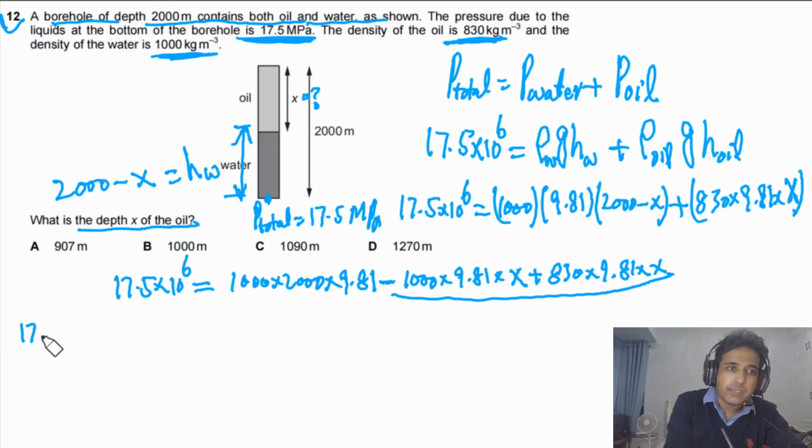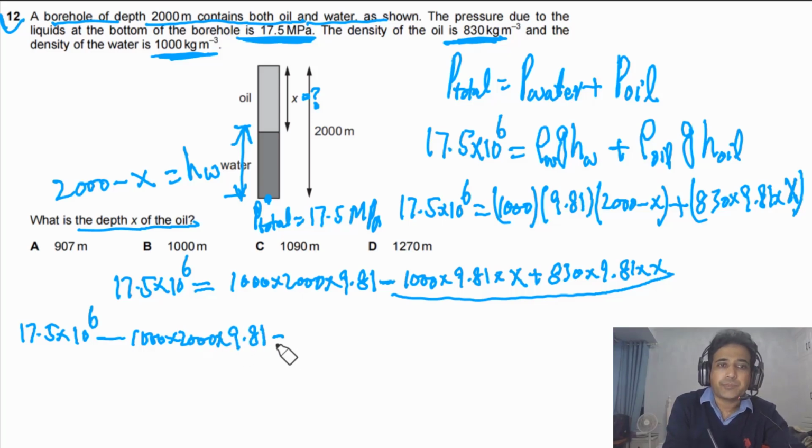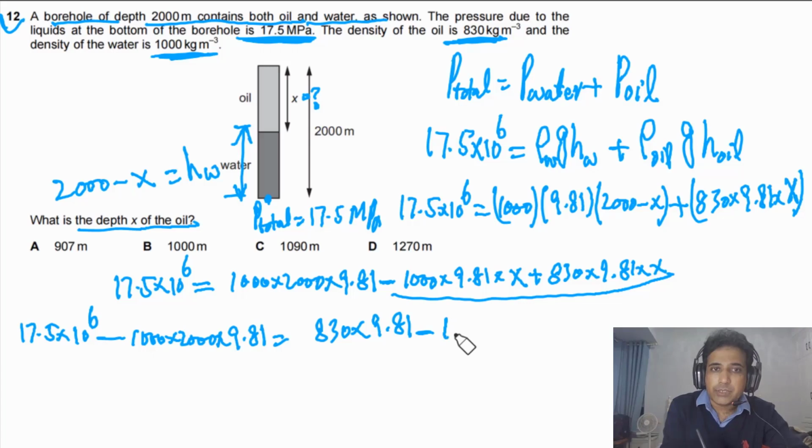So we have 17.5 times 10 to 6 minus 1000 multiplied by 2000 multiplied by 9.81, and from here we can take common. Actually x is common, so we can write 830 times 9.81 minus 1000 times 9.81, and the common one is x.